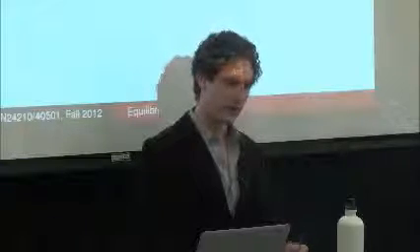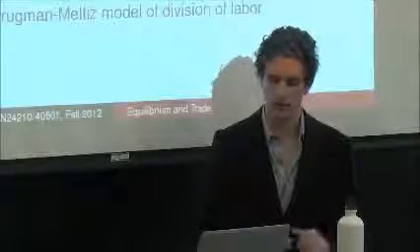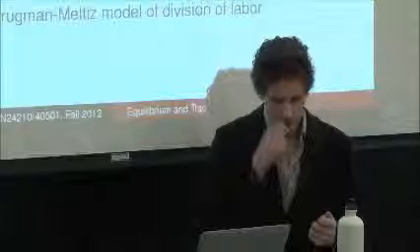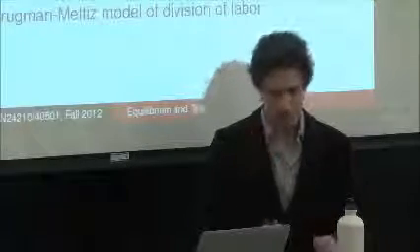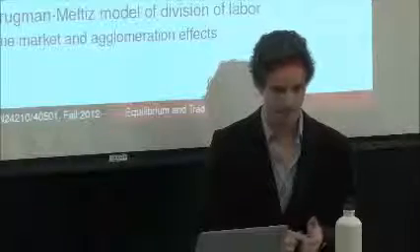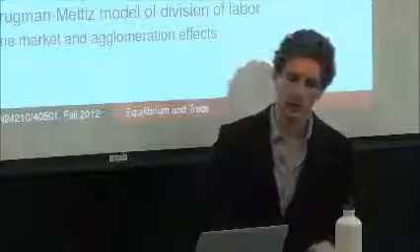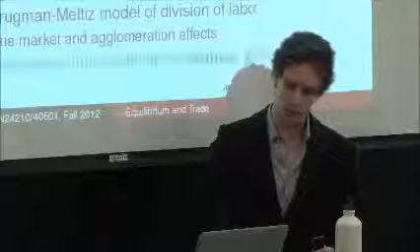We'll then apply these ideas to models of international trade, and we'll talk about three different models of international trade. The first is the Heckscher-Ohlin model of pure trade, and we'll use that to think about the Stolper-Samuelson theorem about who gains and loses from trade. We'll then talk about the Smith-Krugman-Melitz model of the division of labor, and we'll apply that to think about what are called home market effects and agglomeration.